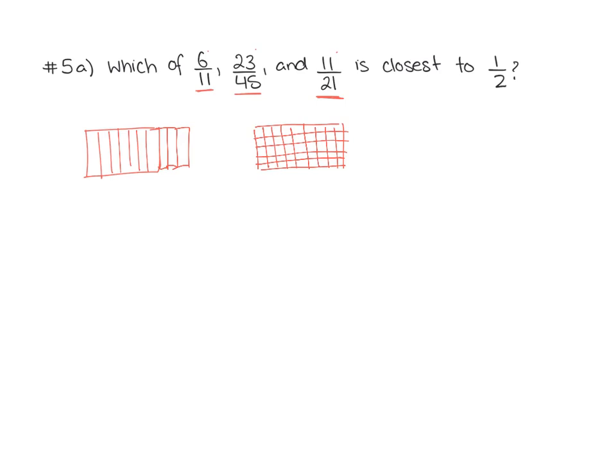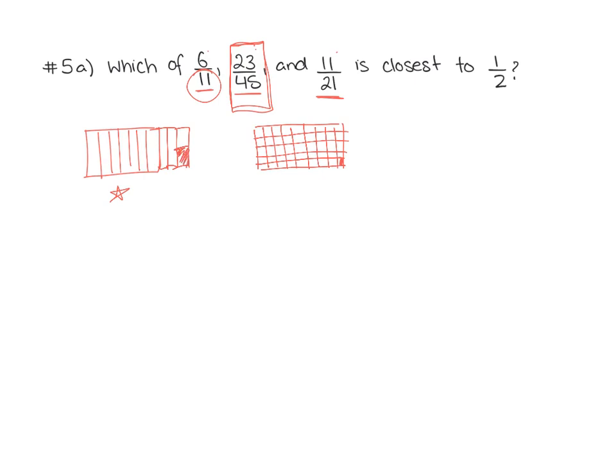Well, if we look, yes, 11 looks like it has the bigger pieces. So the smaller your denominator, the bigger the pieces. So that means this one here probably has the smallest pieces. So you'd only be missing a tiny little half from that half as opposed to like half of one of these ones. So this would be your closest one.